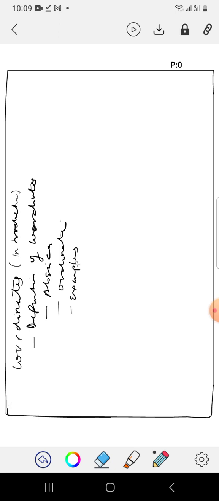Along the way, then we are going to look at when you have 2 points, the distance between 2 points.